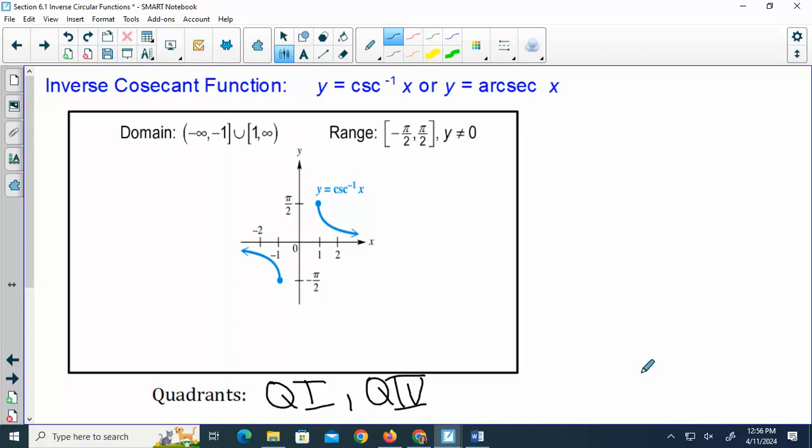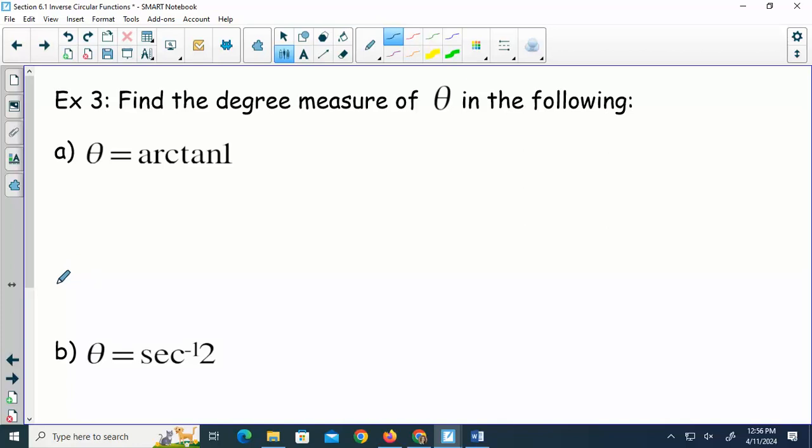So now we're just going to practice some problems. If I want to find the degree measure of the following: theta equals arctan of 1. Arctan is tangent inverse.